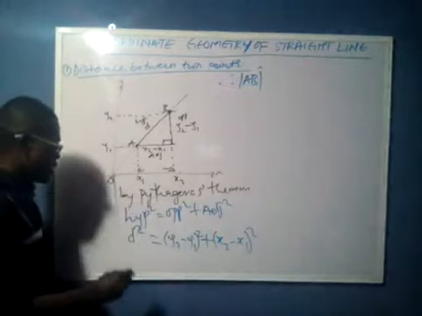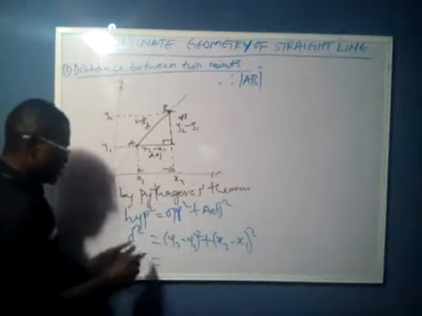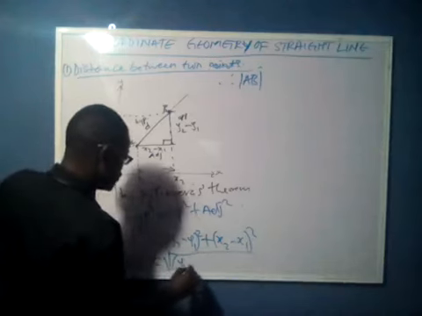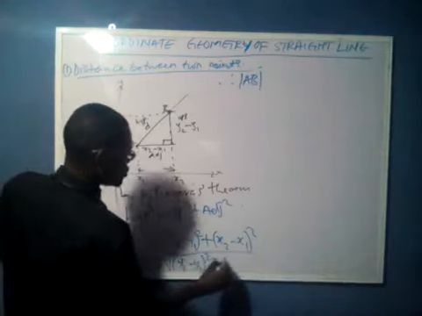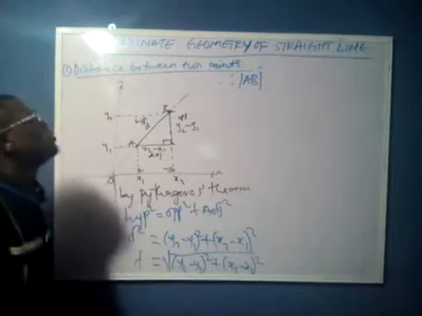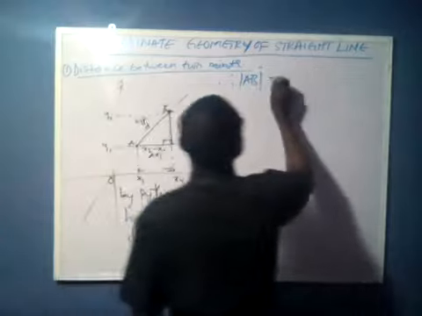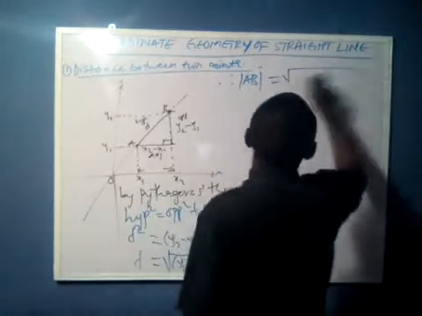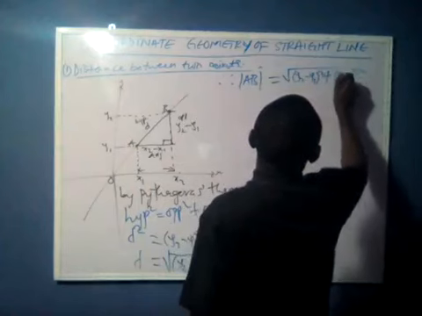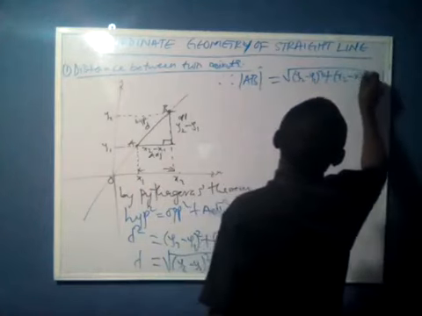By the time you transfer this square to the other side, we have the square root of (y2 minus y1) all squared plus (x2 minus x1) all squared. So that shows that the distance AB is equal to the square root of (y2 minus y1) all squared plus (x2 minus x1) all squared.